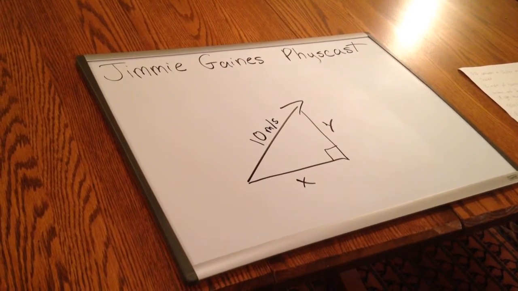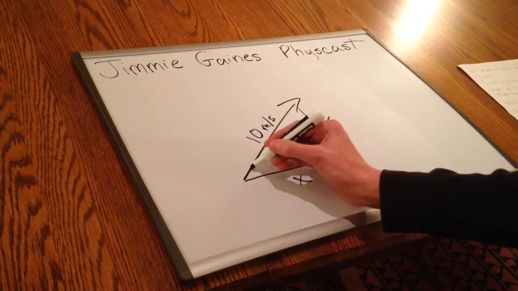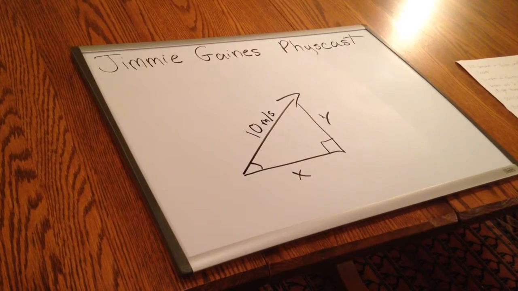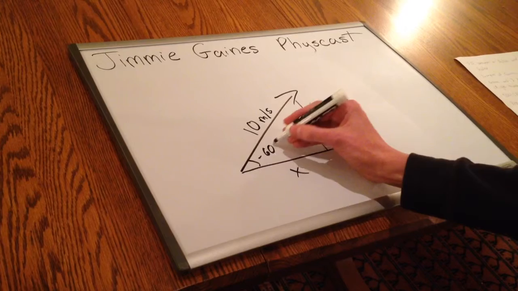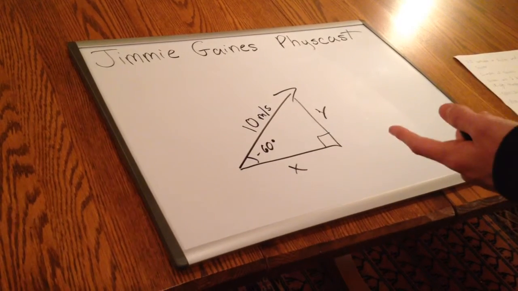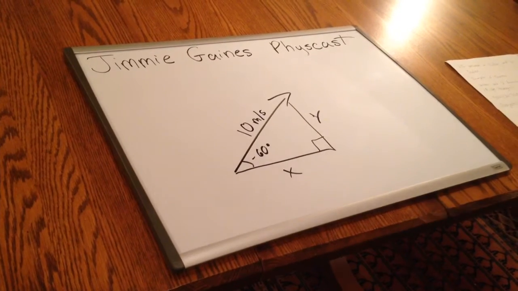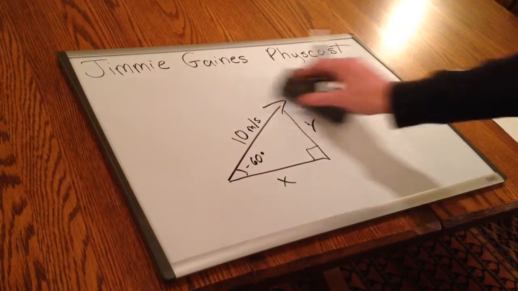And we can either do this through having either the x or the y and searching for an angle or the value that we don't have, or we can have the angle, say it's 60 degrees. We can use that to find x or y. And how we do that is through sine, cosine, and tangent.